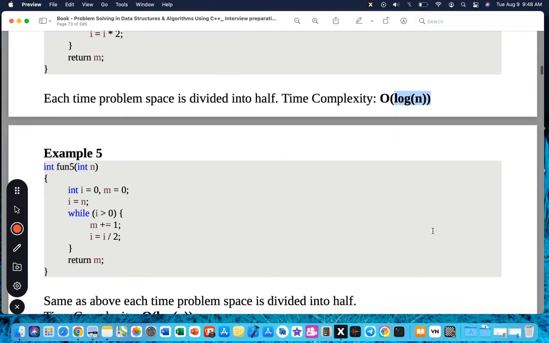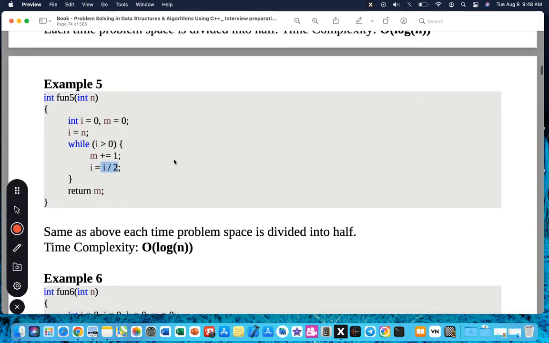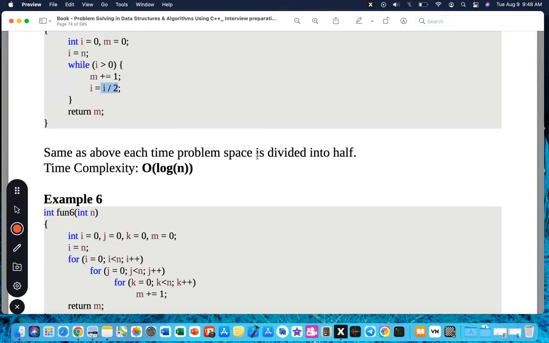The next example is the log n. It's divided by half. The problem space is divided into half. Then it's way faster. It's the log. Okay. Same as above, each time the problem space is divided into half. Time complexity is log n.